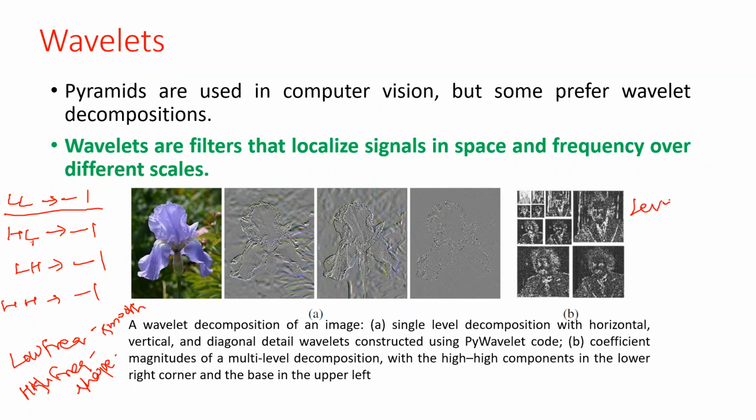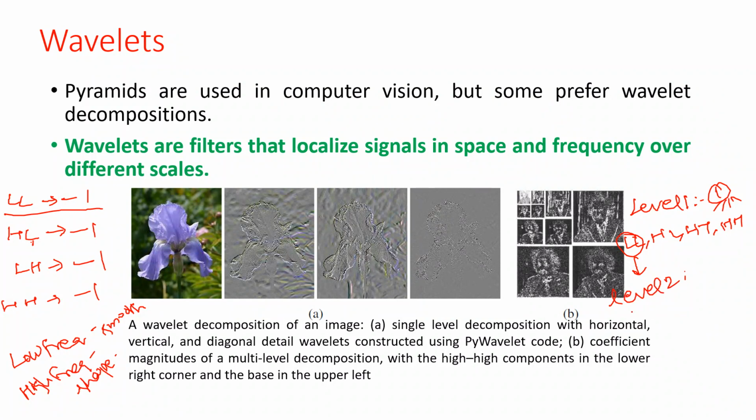The multi-level decomposition means in level one, the image is divided into four parts: low low, high low, low high, and high high. This low low image alone will be considered, and this single image is divided into four, and the divided first low image is considered again for level 2.